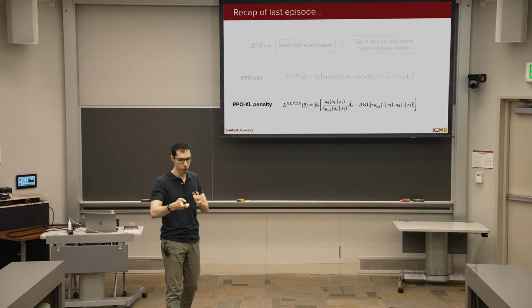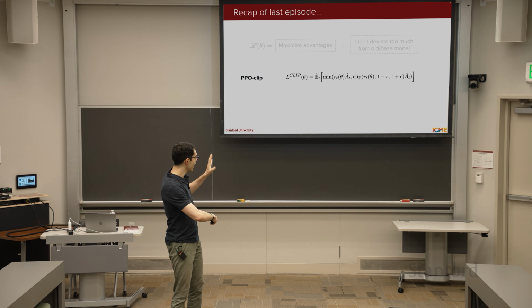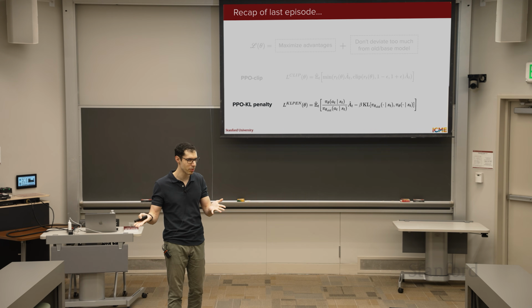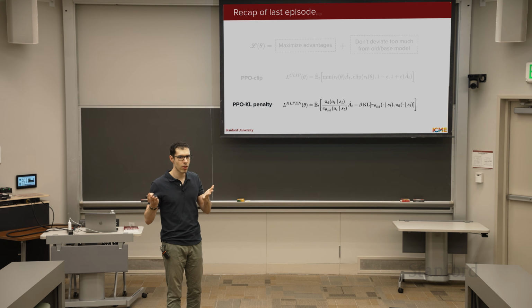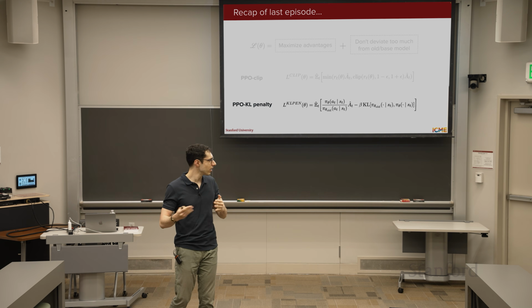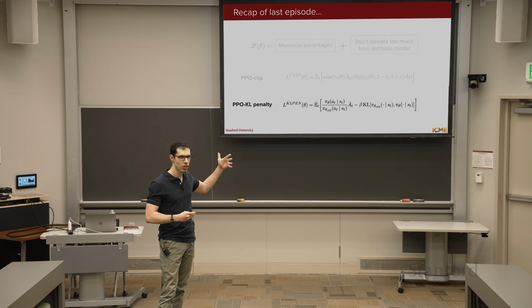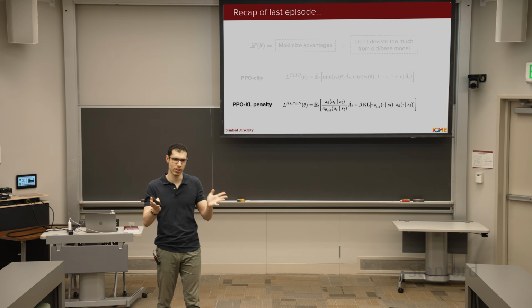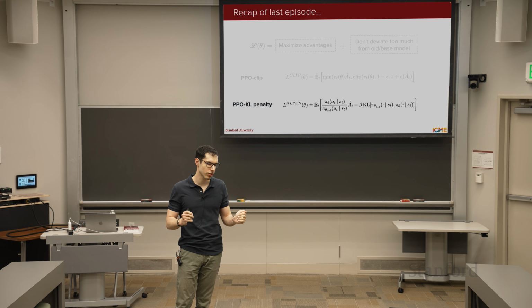So long story short, we have these two PPO variants that were introduced in the original PPO paper. But in modern day RLHF training, we typically have some combination, some mix of these two loss functions.